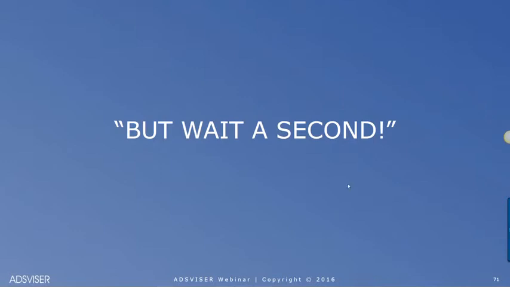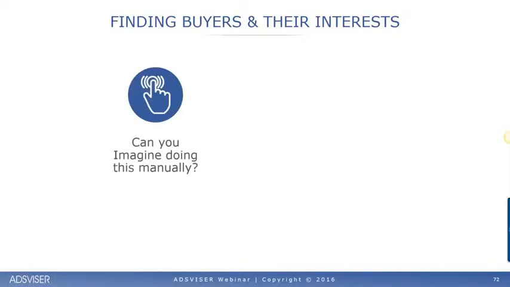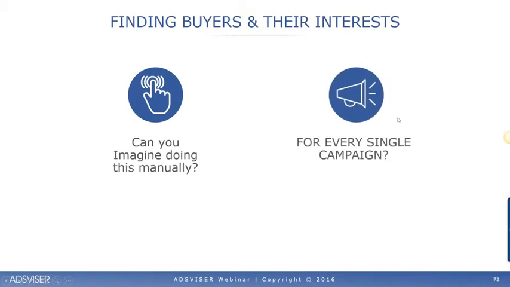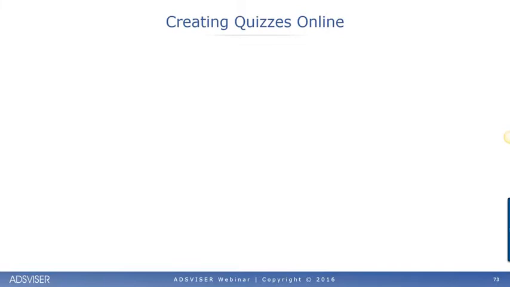So you're saying, Tarek, wait a second, you're crazy. I don't have time to compete with people like Adidas or anyone like that. So is there another way? Can you imagine doing this manually? It's going to take up a heap of your time, and to do it for every single campaign is just crazy. It would take hours, if not days, to do, and it's not something that we can afford to do.